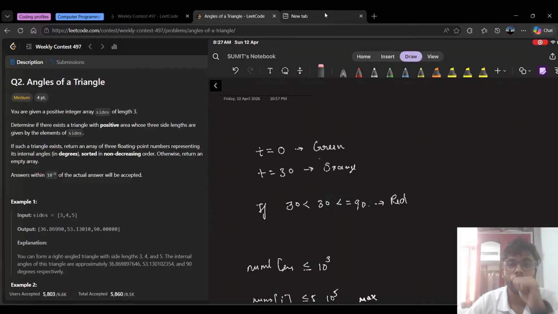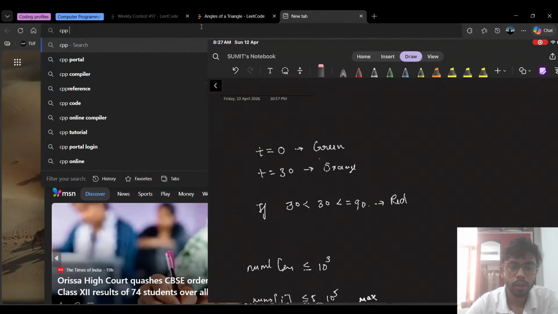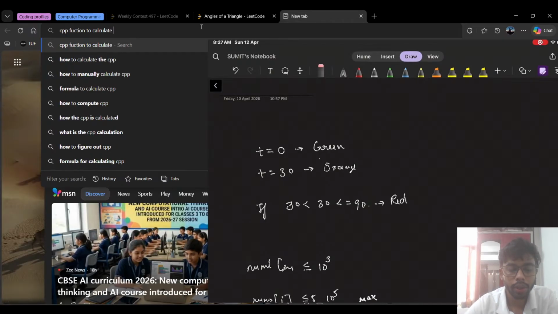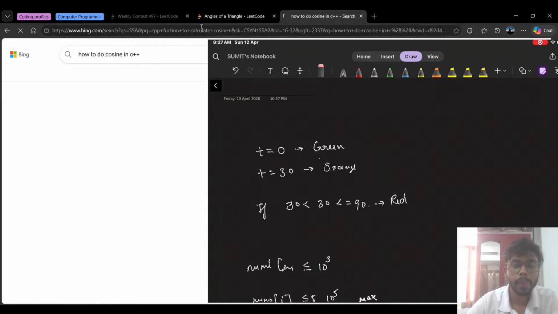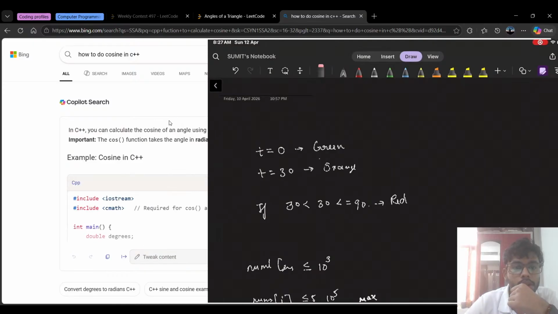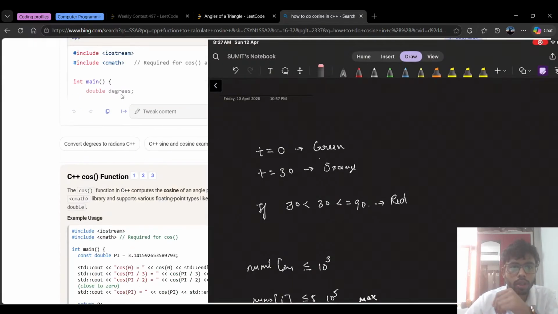Is there any mathematical function in C++ to calculate cosine?